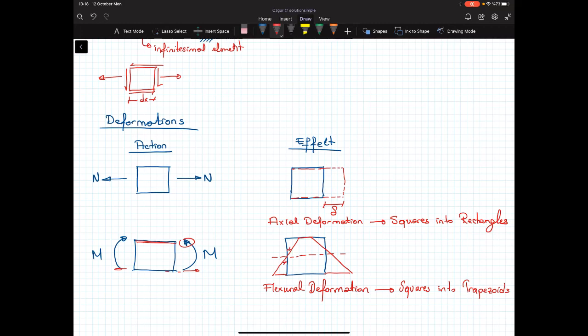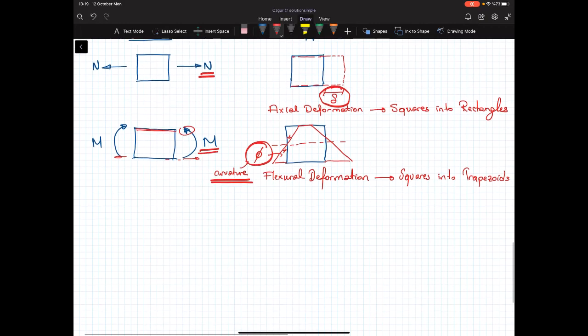That angle tells us how much deformation we get, and we call this angle phi, and this is the curvature. So we describe the flexural deformation with curvature. We say that the axial force causes axial deformation, and moment causes curvature. That's the way we relate the internal forces and the corresponding deformations.